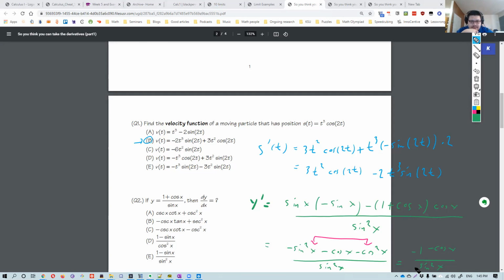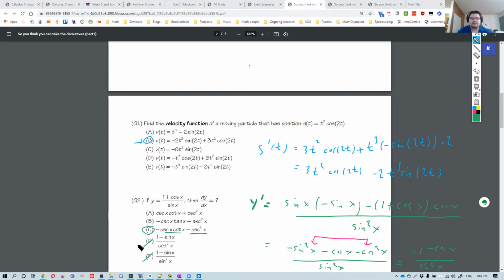And unless this matches something exactly, it doesn't match d or e, so I can eliminate those. So I need to know some trig rules. 1 over sine squared is cosecant, so I'm looking for negative cosecant, and I see that here. And then minus cosine over sine is going to be cosecant cotangent, minus cosecant cotangent, which is there.